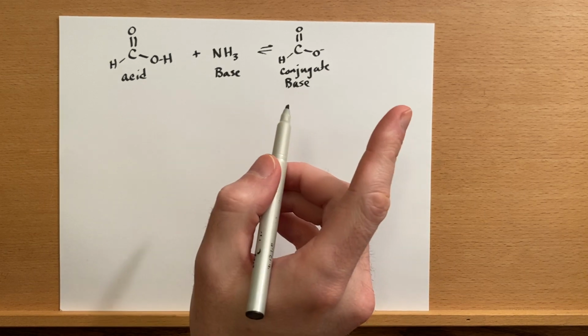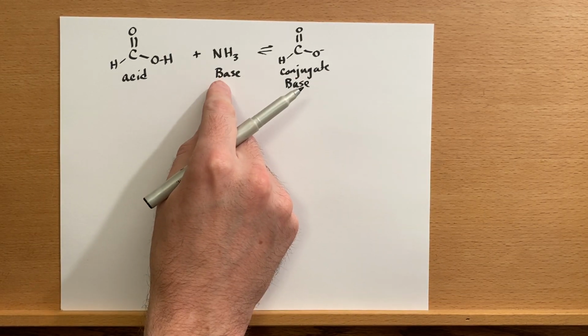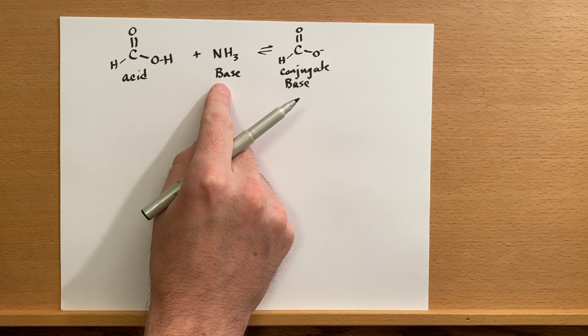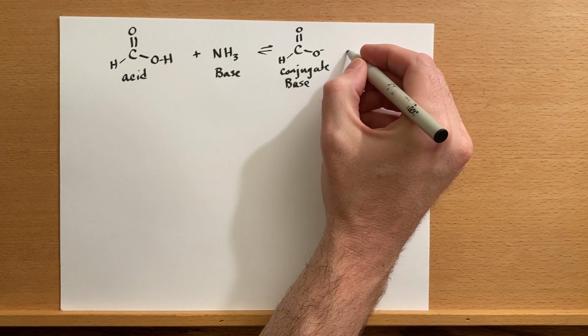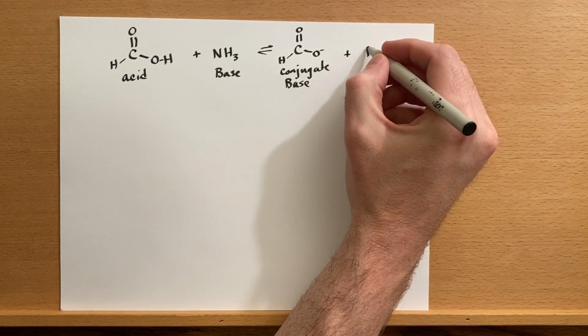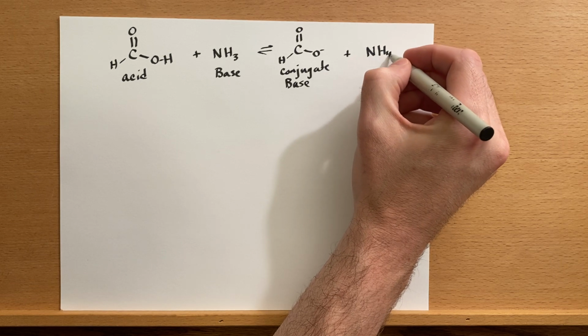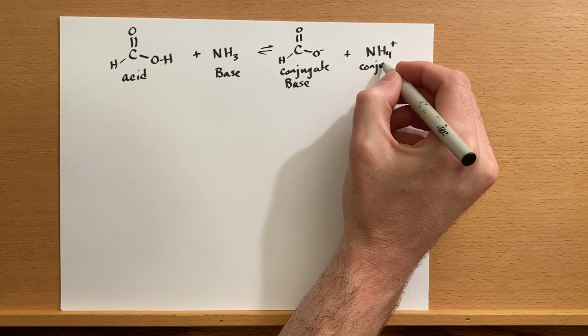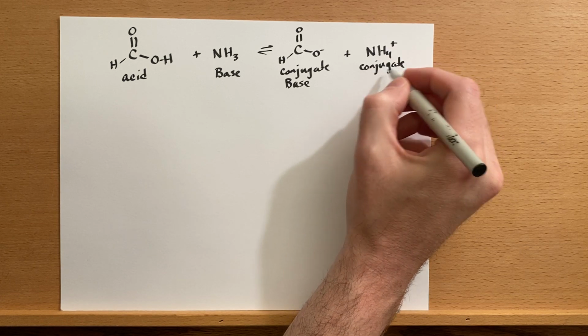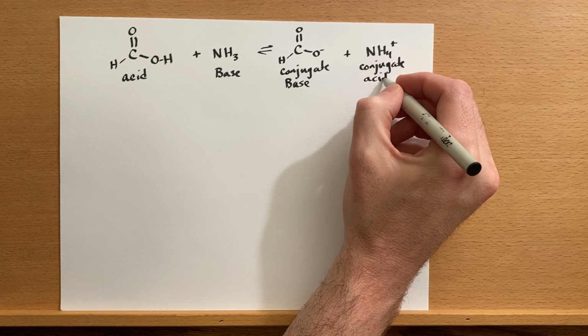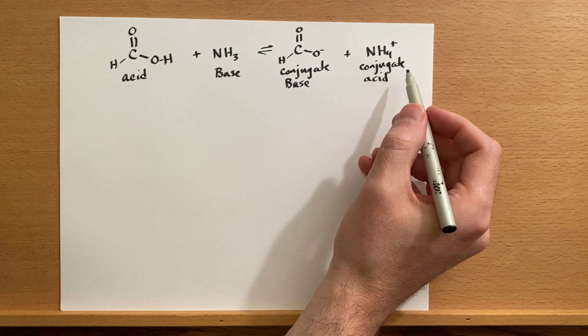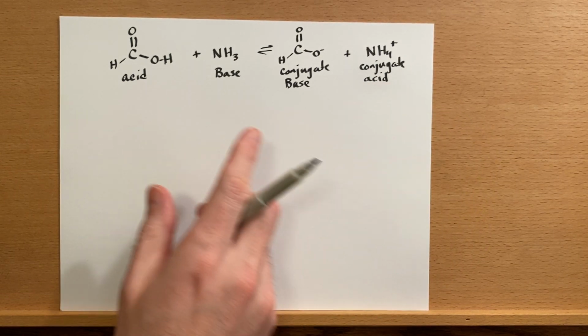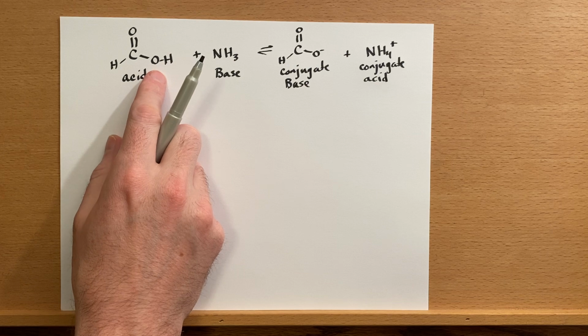And then we'll form the conjugate acid of ammonia, which is the ammonium ion. There's the conjugate acid. Notice that in this case we've lost a proton.